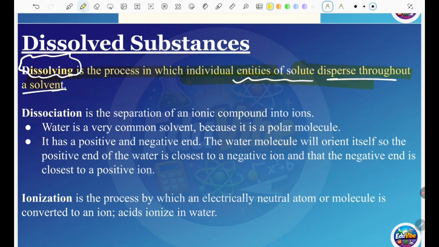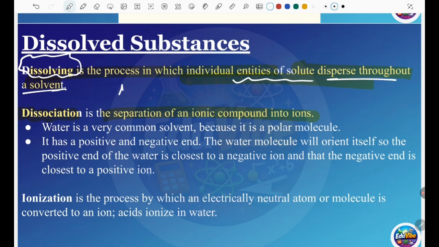Dissolving leads to another thing called dissociation, which is very important. We do some reactions of dissociation. Dissociation is the separation of an ionic compound into ions.